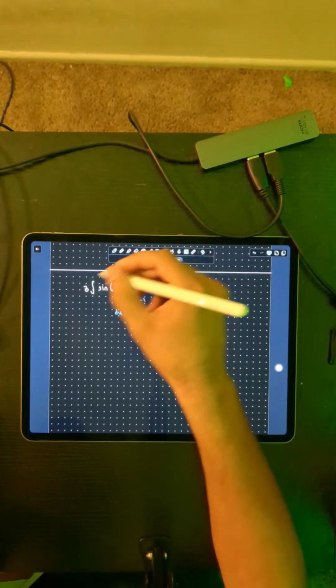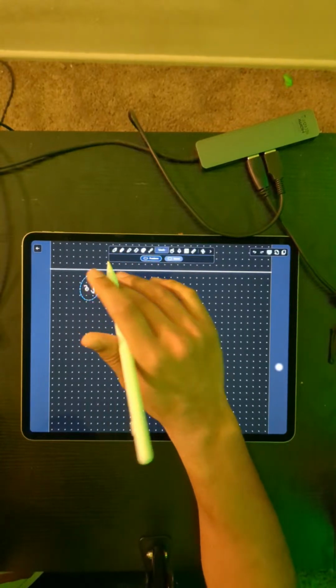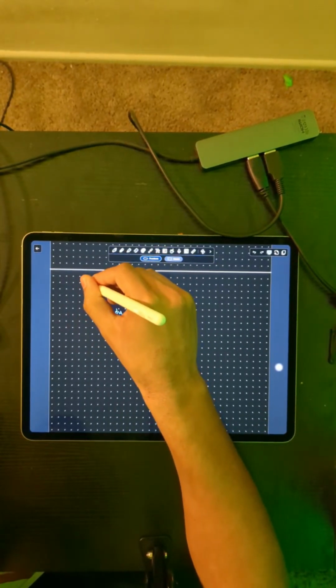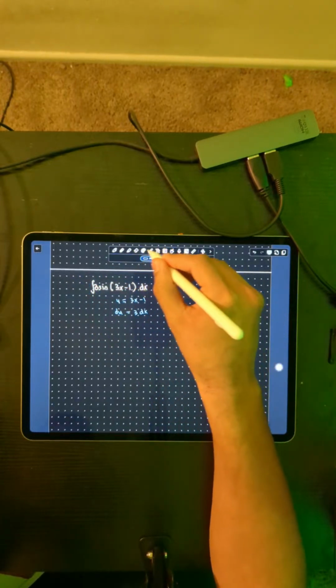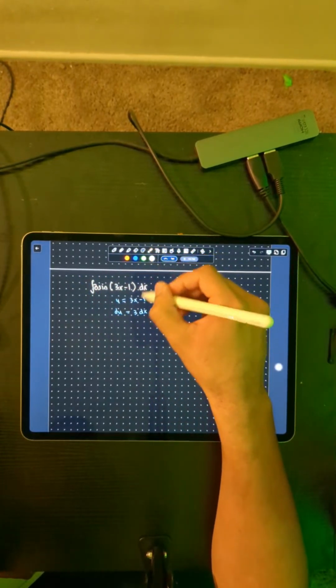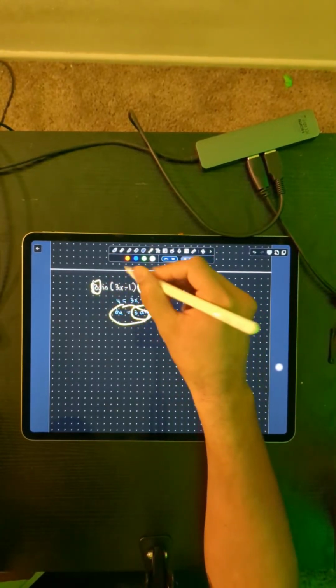I moved that 3 out there, but I'm going to undo that. Let's just put it back there. Why? Because now we have this 3 dx here, and that is going to be our du term.